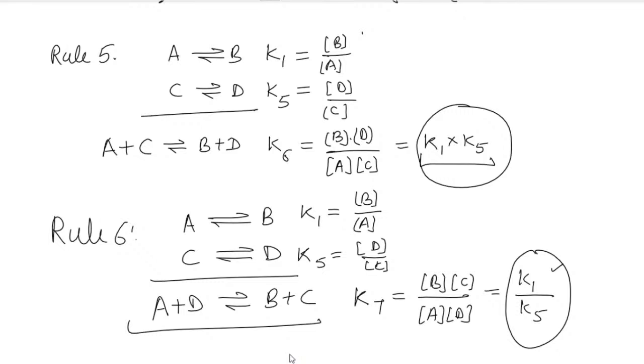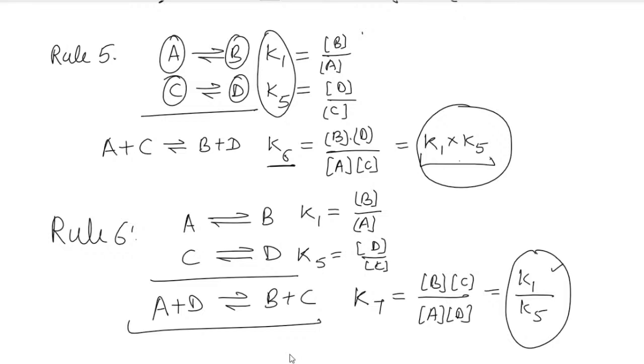Abhay, got it? Yes, Abhay. When we add the equations, see A and C are added, B and D are added. So net equilibrium constant is product of these two.